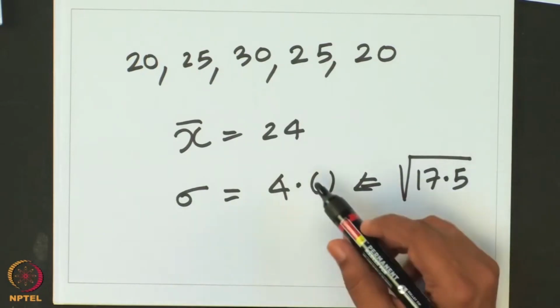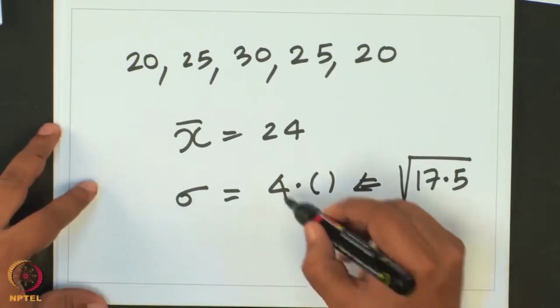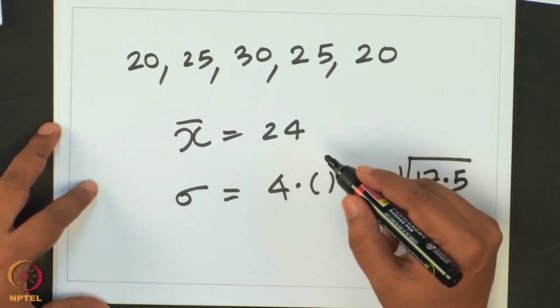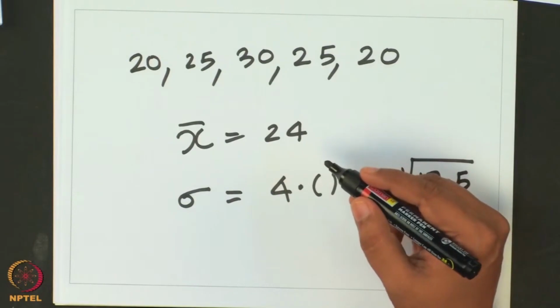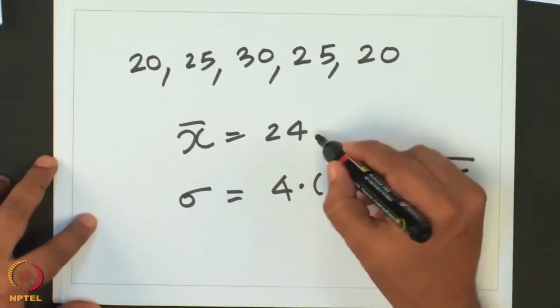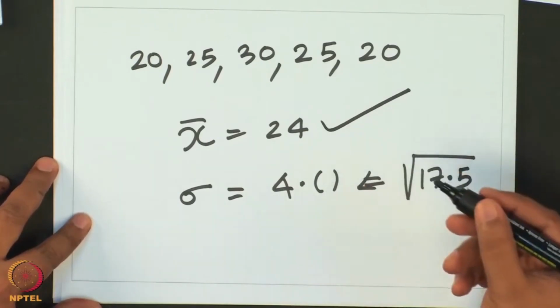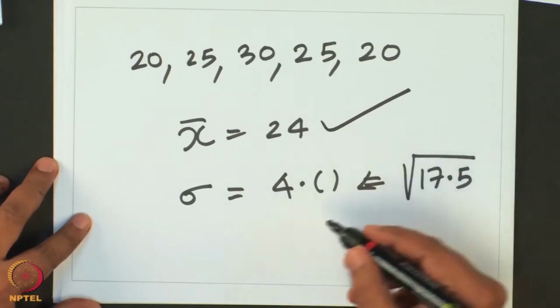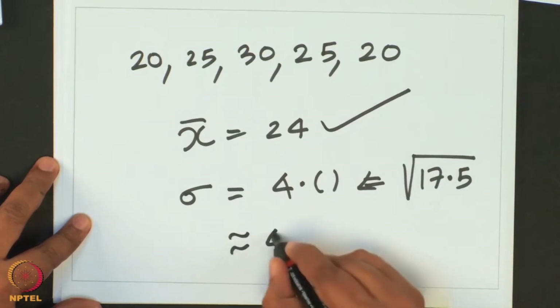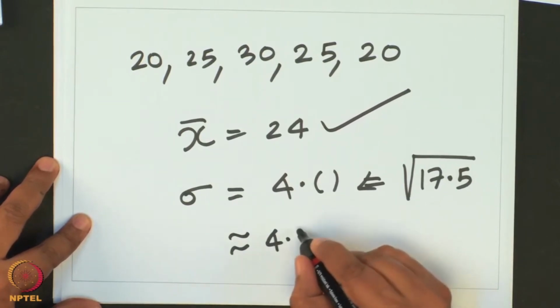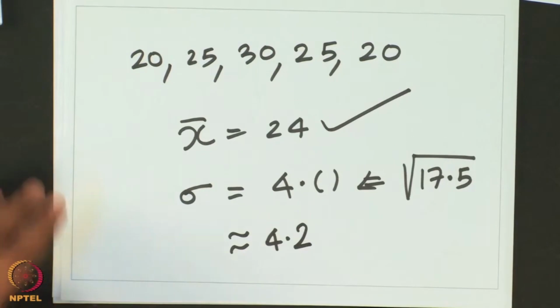So we have two numbers now to convey: 24, which is the mean, and the standard deviation, which is approximately 4.1. Let me take it as 4.2.